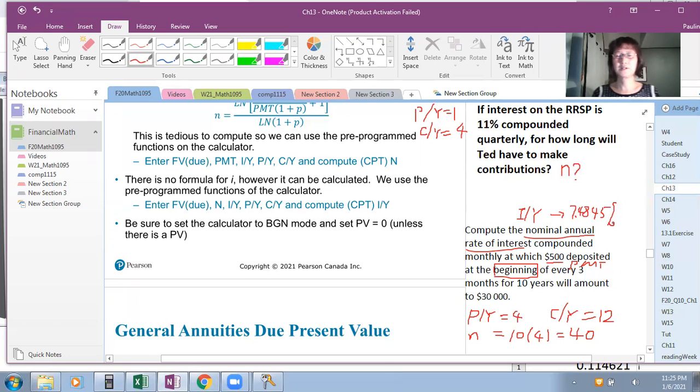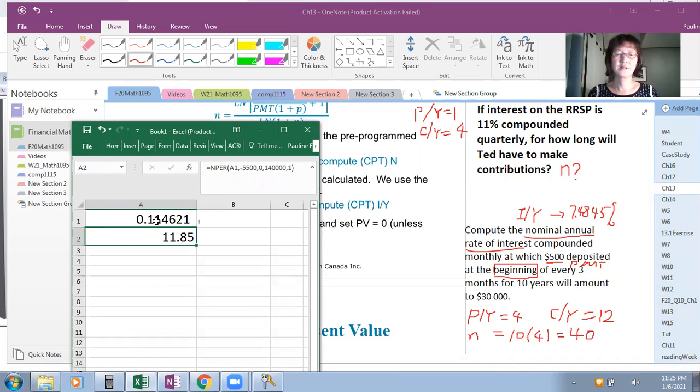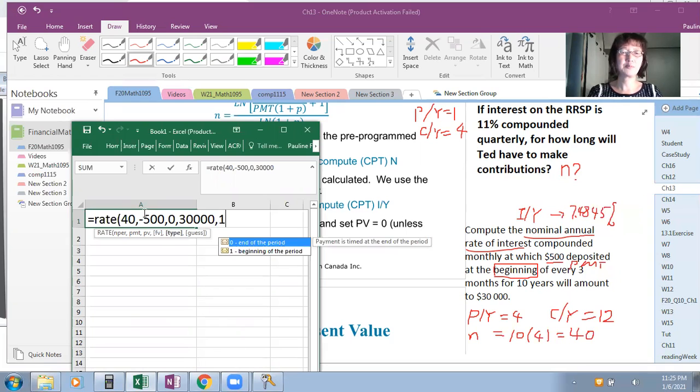So this is the calculator method. To use Excel, use the RATE function: NPER, term, is 40, PMT negative 500, PV 0, FV 30,000, type is 1.